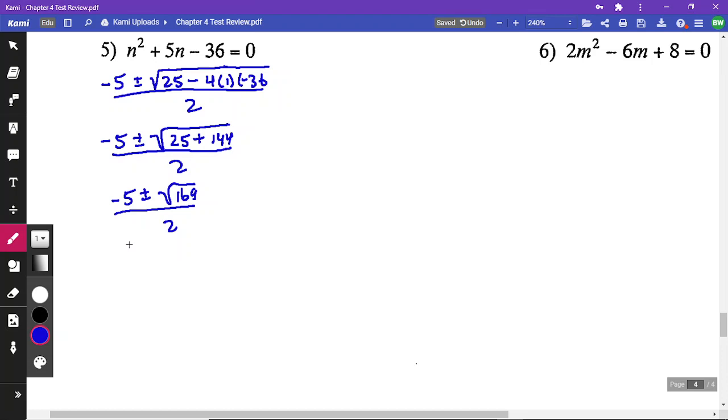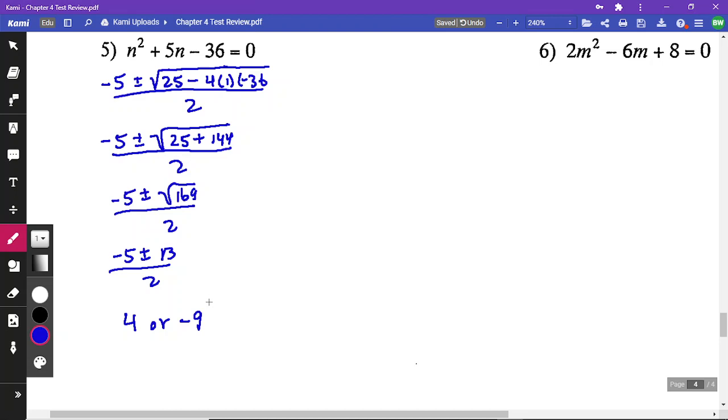And so that's 13, right? Negative 5 plus or minus 13 over 2. And so that comes out to the two answers, 4 or negative 9, I believe, is what you're going to get when you simplify that.